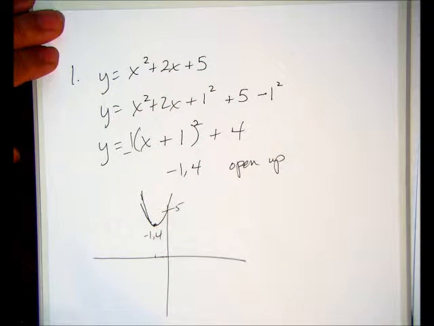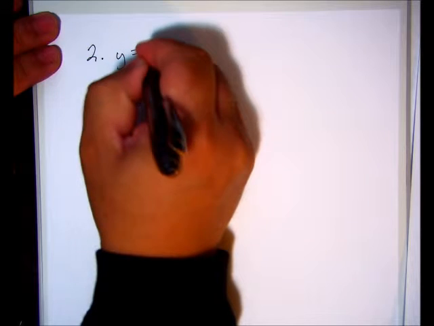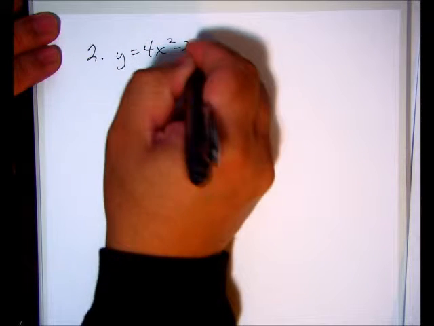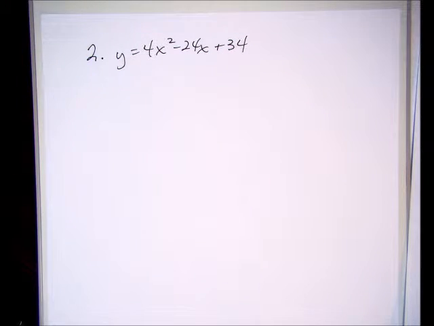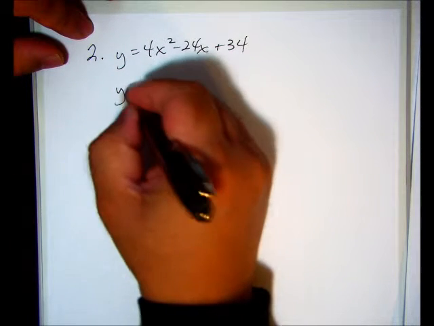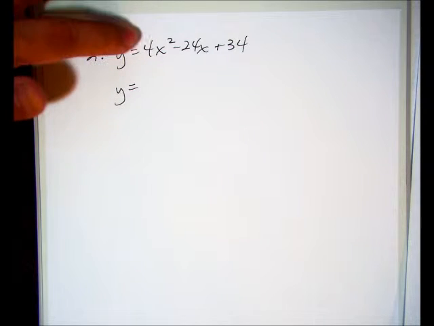Number 2. Alright, this is number 2. Now, whenever we complete the square, we generally do not want a leading coefficient.